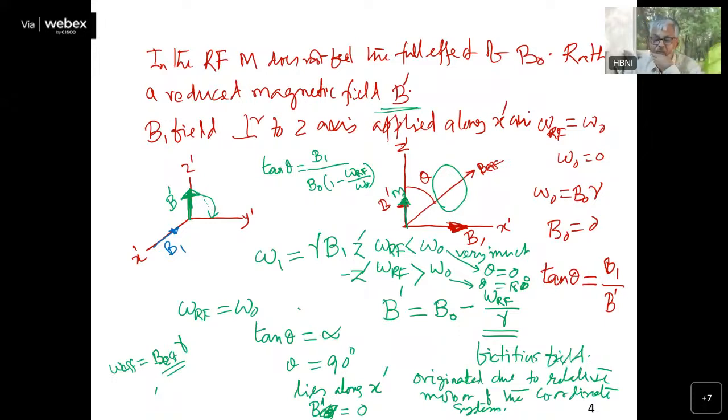So that is why your rotating frame frequency should match the precessional frequency. In that case, B prime will be very close to 0, and then B1 will be the most active field, and the magnetization will precess around B1. Now let us see. Previously what we saw is that your magnetization was precessing here with omega 0.